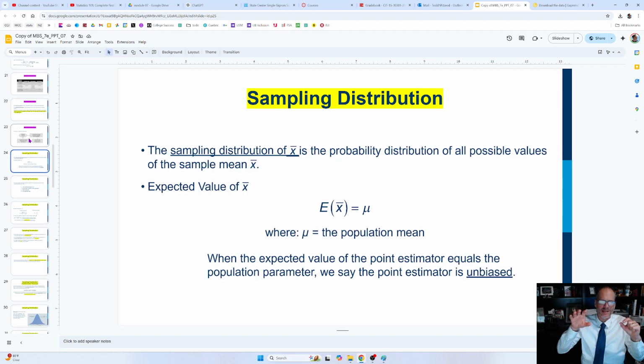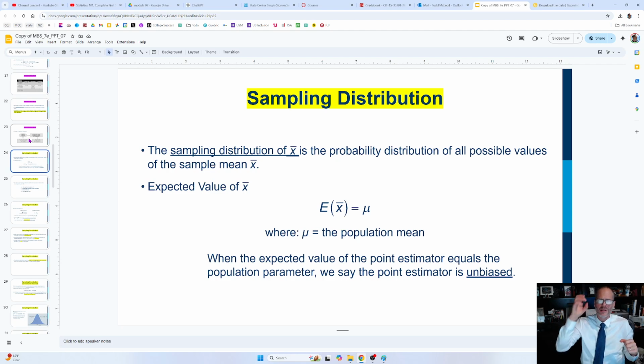It'll vary slightly. How much is it varying, and how closely does it approximate the population mean? That's the question. How much is the sample statistic, the point estimator we use to make inferences about the population, varying around the true population parameter? The word parameter describes the characteristic of interest for the population.